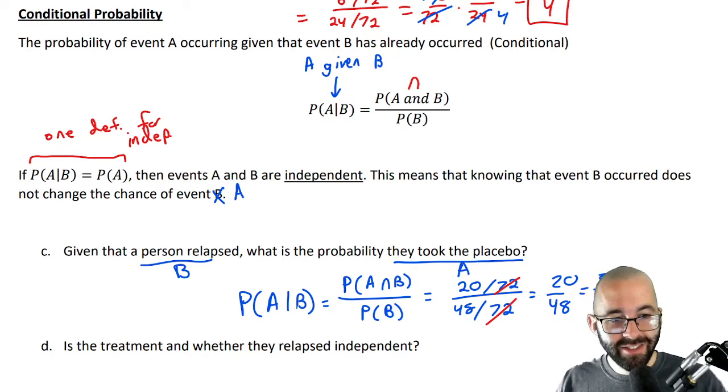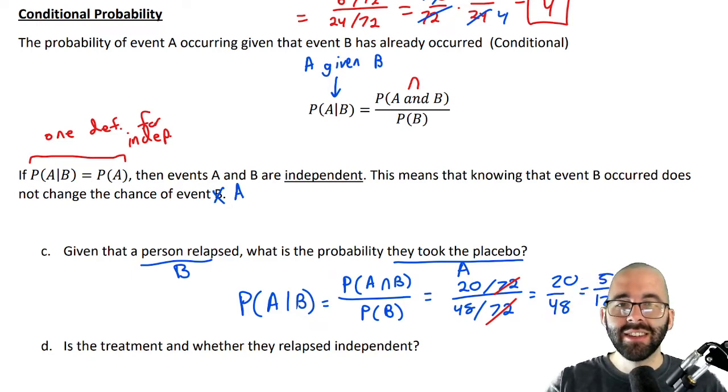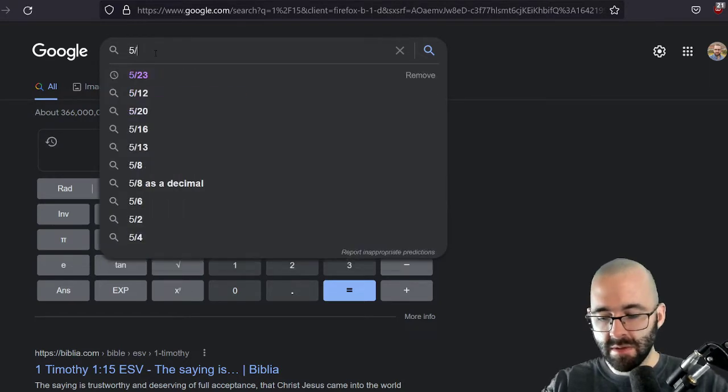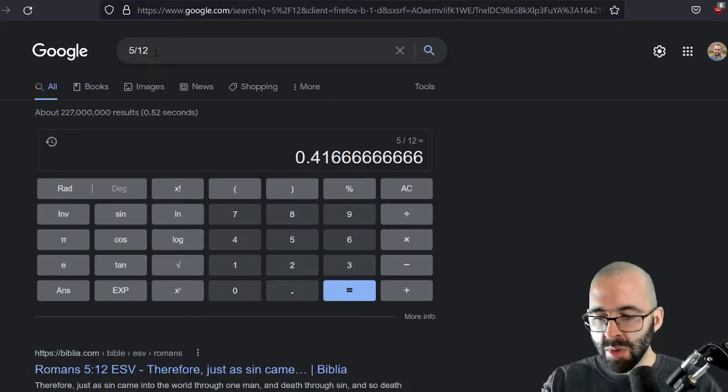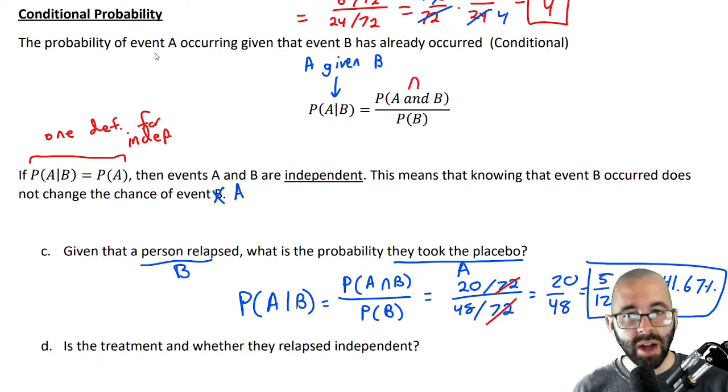And as a percent, what is 5/12 going to give us? 41.6 repeating. Okay. And again, you could also do this the old way that we did in parts A and B.